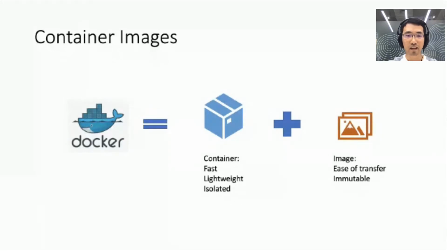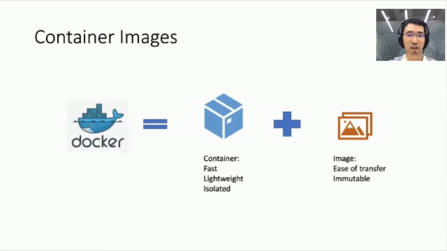The key feature we see is that it is very easy to transfer between different run environments, and also it is immutable. So when we build it and verify everything inside of a container, we can ensure that it runs similarly across different environments. That's the main part we want to talk about today.